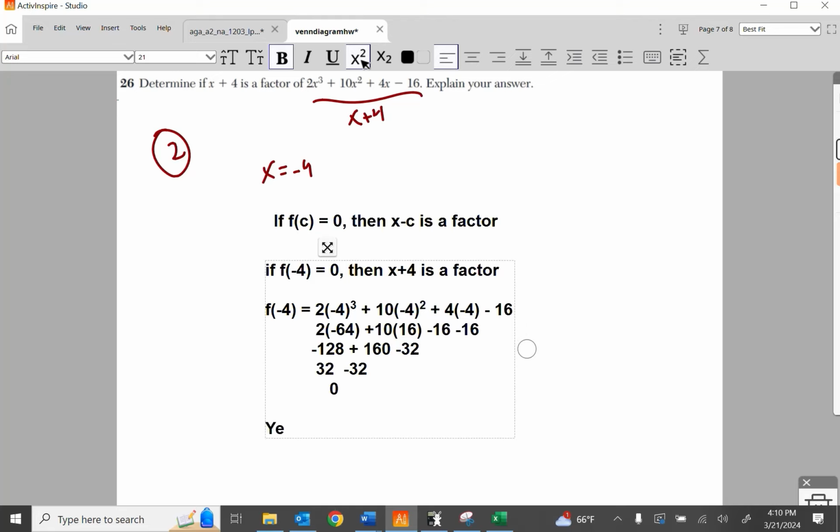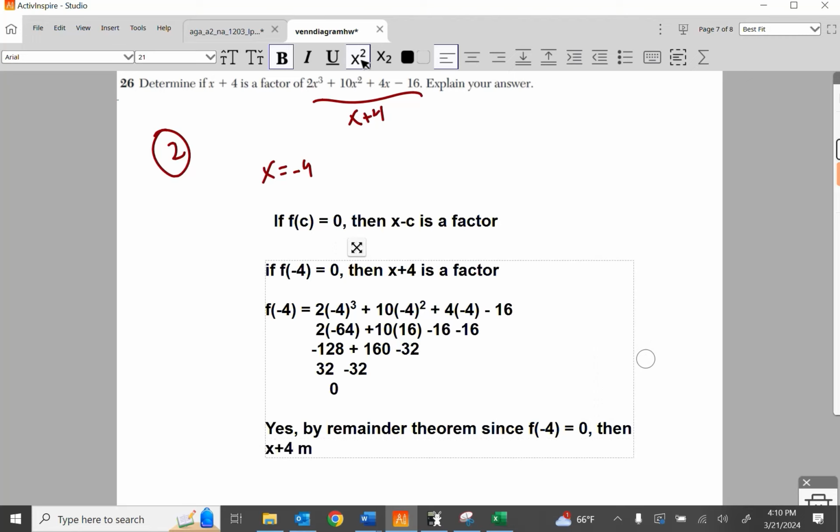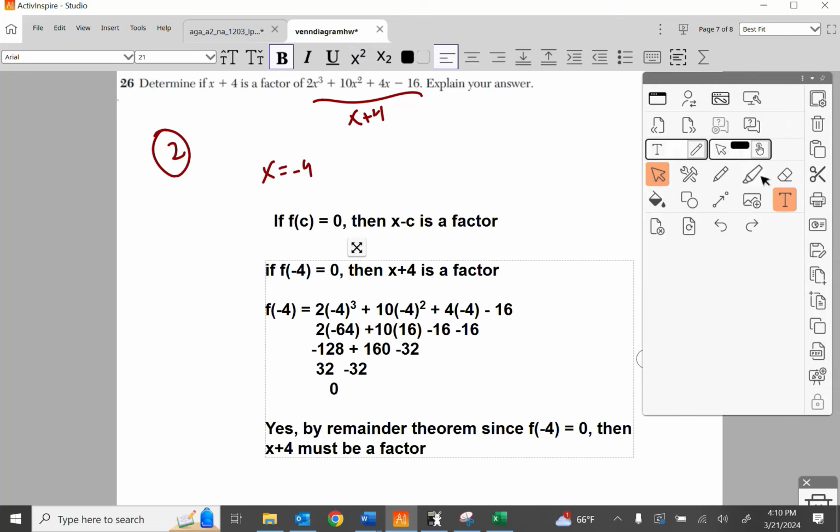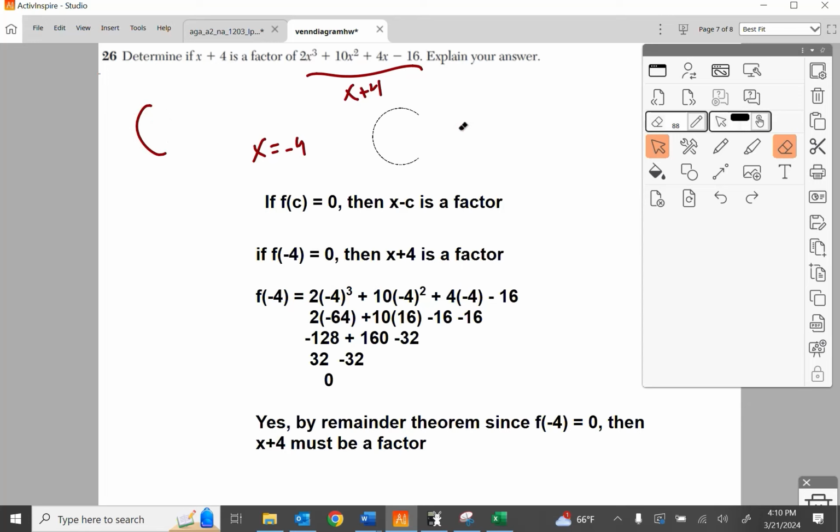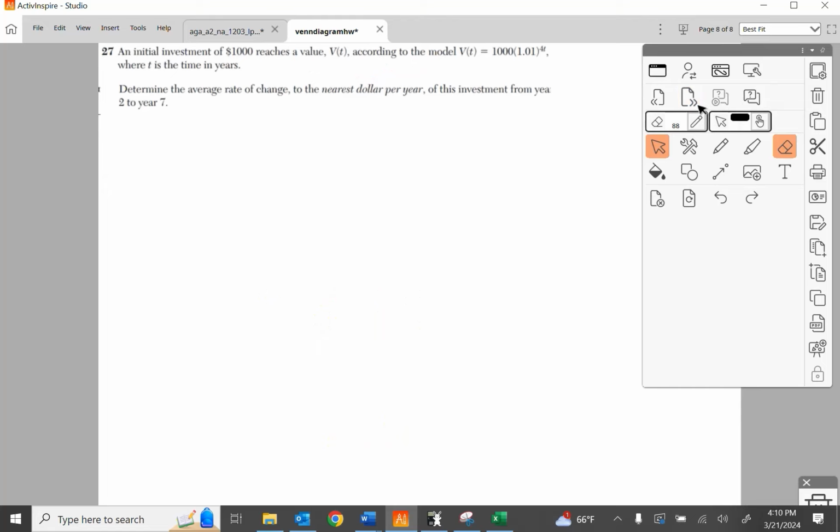And I can say yes, comma, by remainder theorem, since f of negative 4 equals 0, then x plus 4 must be a factor. So anyways, there's 3 different ways. The fourth way to do this would be to justify your answer with a graph, but this came from New York and they don't allow the TI-84 to be used on this particular part of the test, so no.